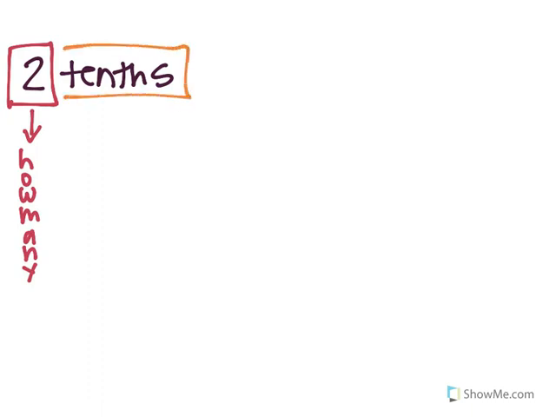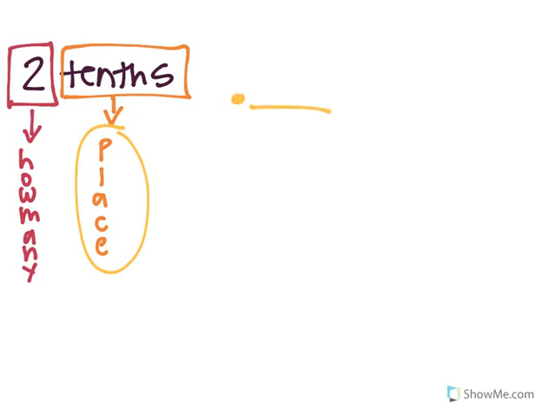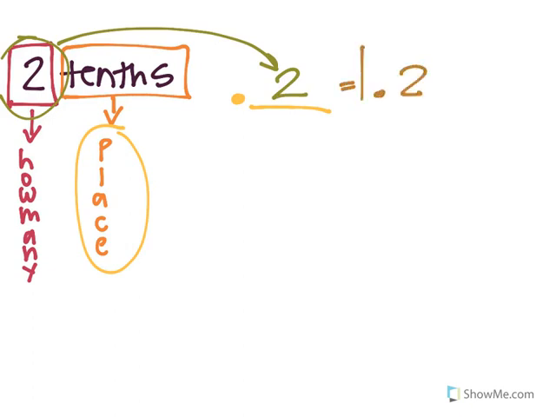This tenths represents the place you're in. So I'm going to start with my place because I know what to do with that. I put my decimal point and I'm in the tenths place, so I draw my tenths. My 2 is what I'm focusing on, so I'm going to bring that over and drop it down right there. So in the end, I get this decimal of 2 tenths.